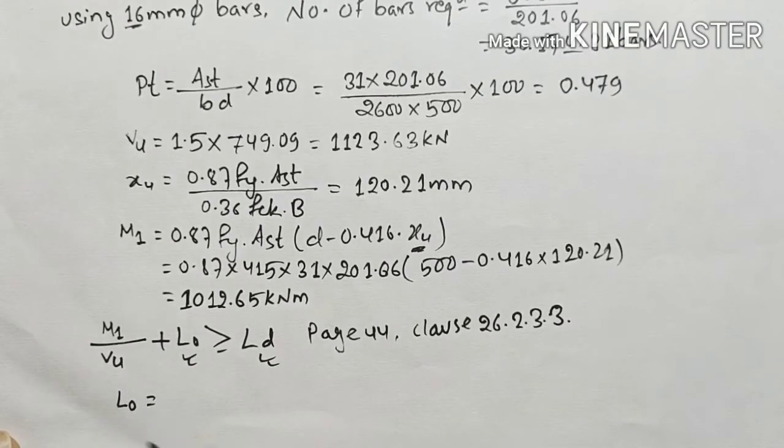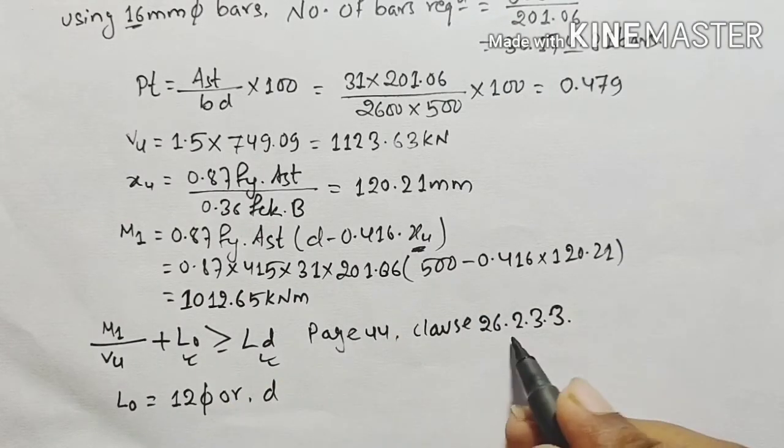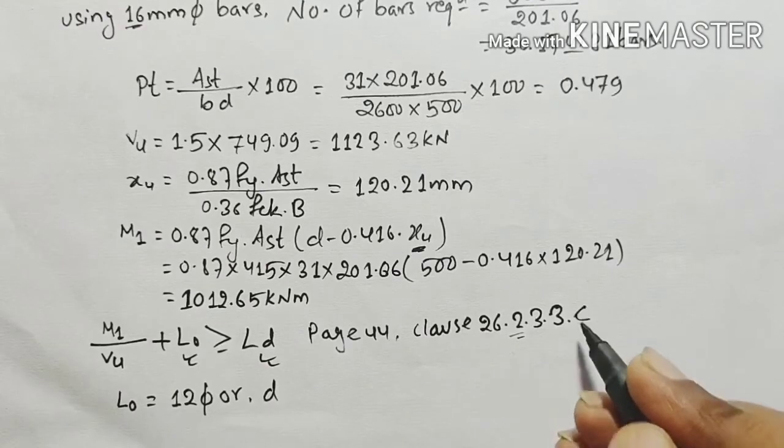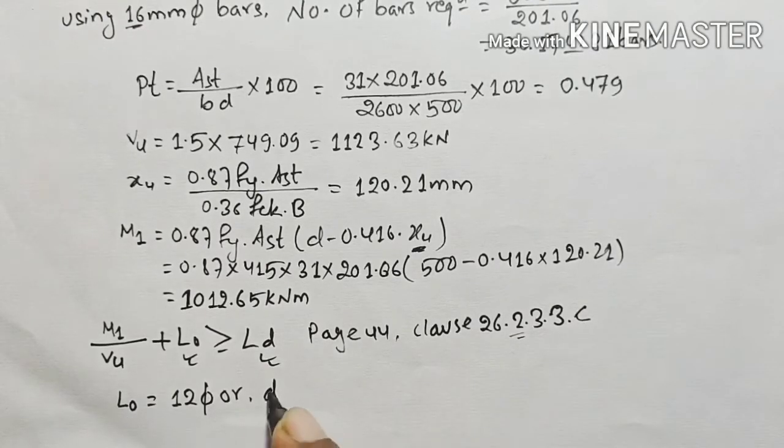Now what will be the value of L0? As per the code, L0 is equal to 12 phi or D, which is in the same clause 26.2.3.3 C. So from here, whichever is greater.